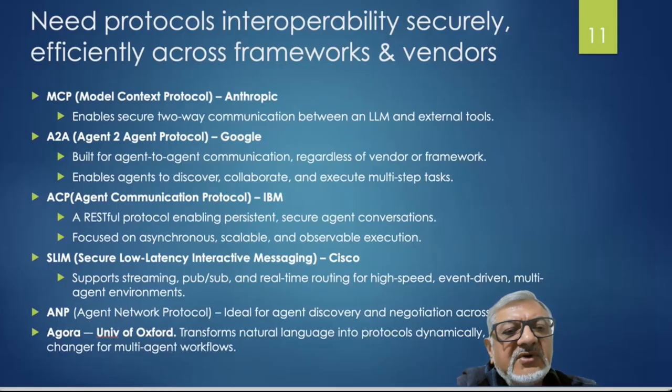So these are the protocols which help to interface specific tasks between the agents, between the models, agent to agent, asynchronously, or support streaming, pub-sub real-time routing for high speed in the case of Cisco.